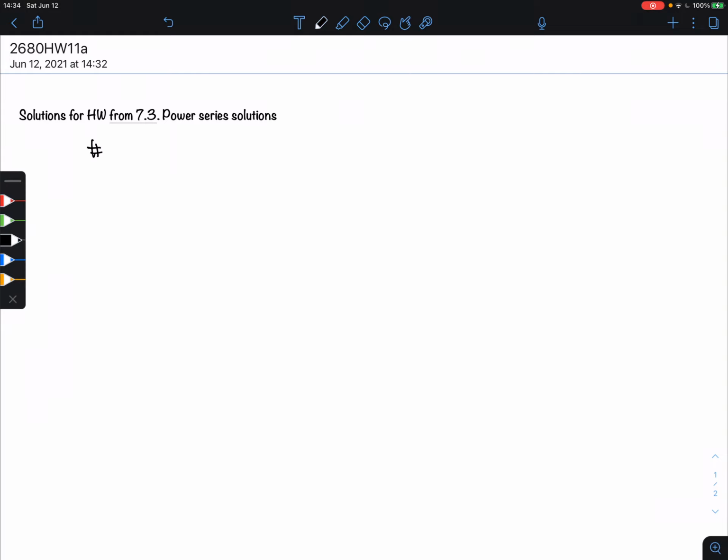Number 21. Let me copy it here. There is this (5 plus 2x) y double prime minus y prime plus (5 plus x) y is equal to 0. We always have homogeneous ones.